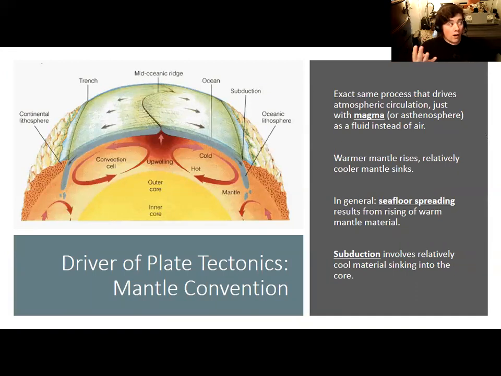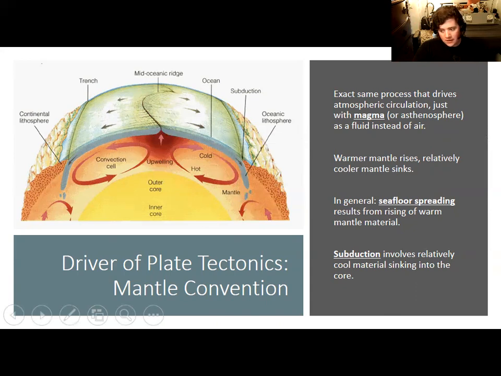Hot air or water or magma rises, and then once it cools, it will sink. The substance will sink. And warm mantle material upwelling causes spreading centers like that underneath the Atlantic Ocean or like those surrounding Antarctica. While at subduction zones, you have colder mantle sinking deeper into the mantle.